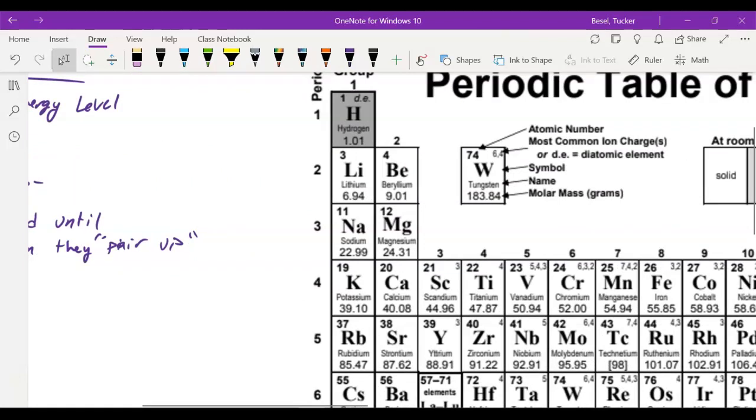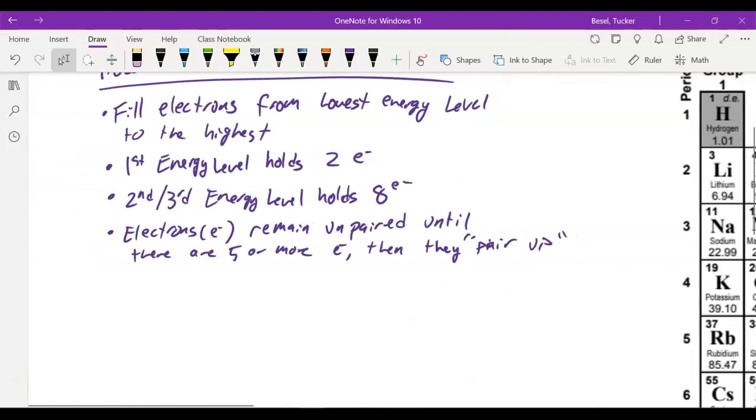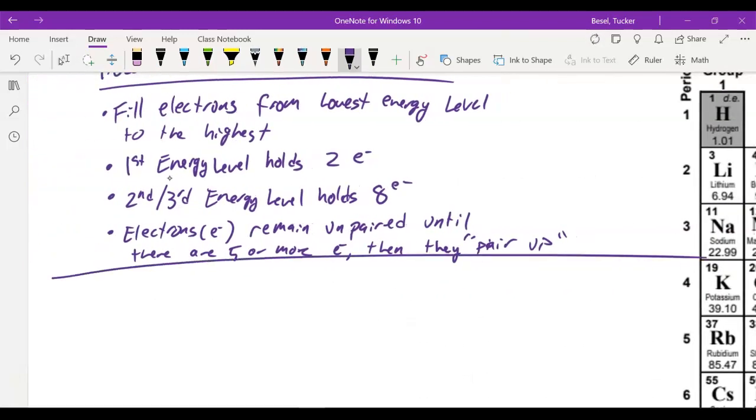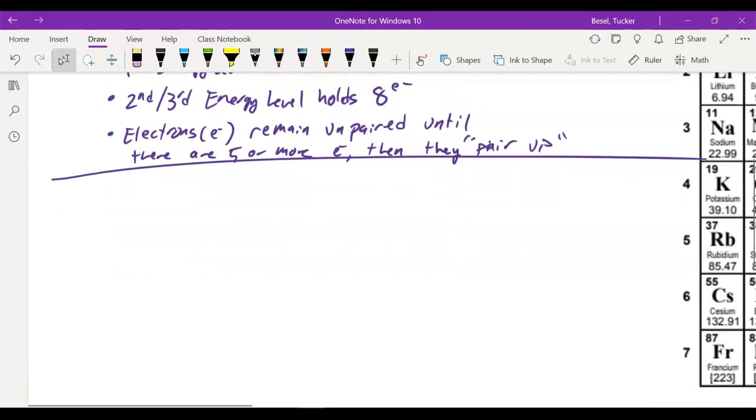If you don't have your periodic table handy, you should absolutely have that handy for what's coming next. So let's do this for hydrogen, lithium, and sodium.